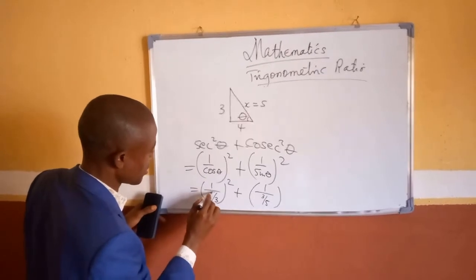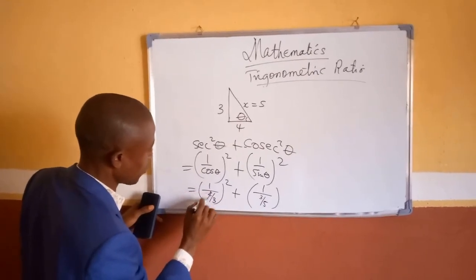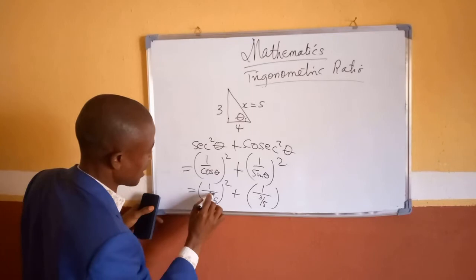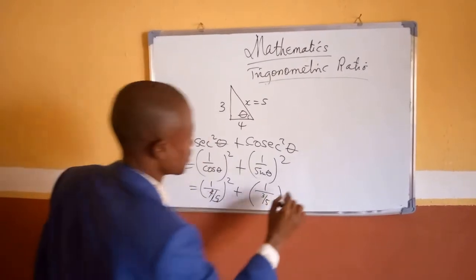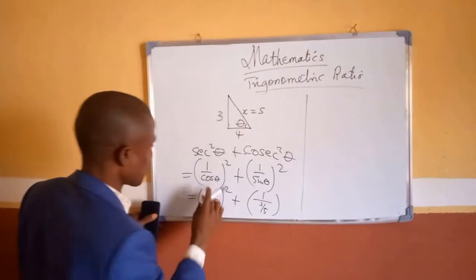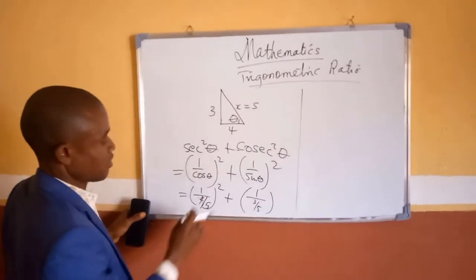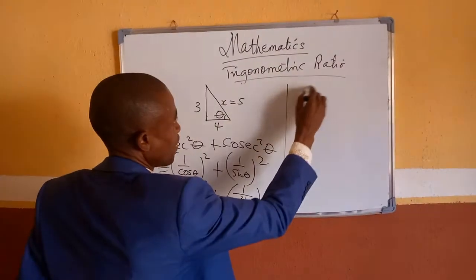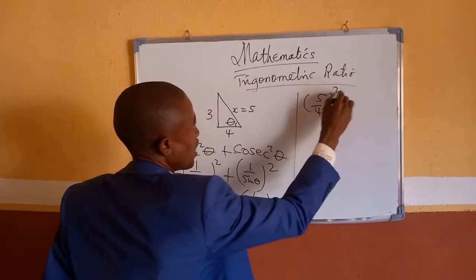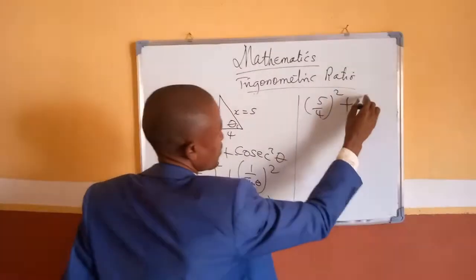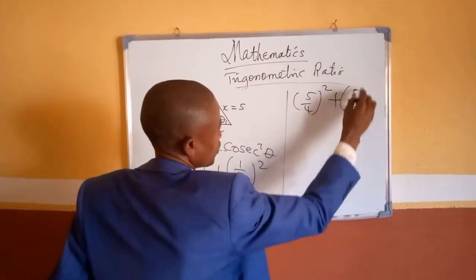Yes, we correct this. 4 all over 5. I hope you have corrected that. Good. So let's move on. 1 all over 4 over 5 gives us 5 over 4, squared, plus 5 over 3, squared.